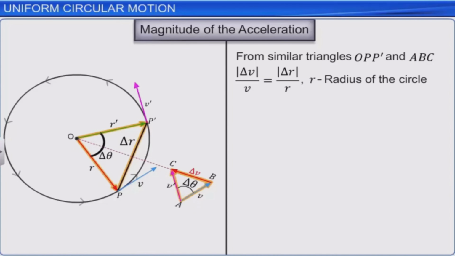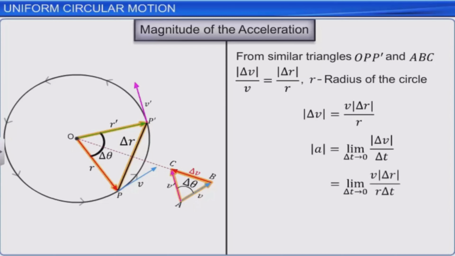This can be written as magnitude of delta v is equal to v into magnitude of delta r by r. Magnitude of a is equal to limit delta t approaches 0, magnitude of delta v by delta t, which is equal to limit delta t approaches 0, v into magnitude of delta r by r delta t.